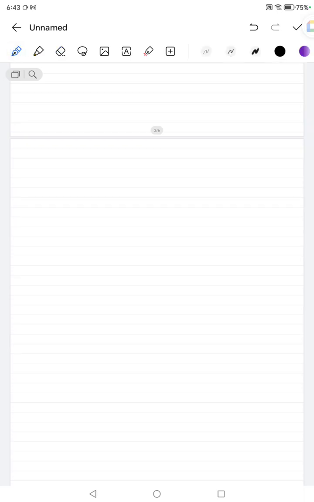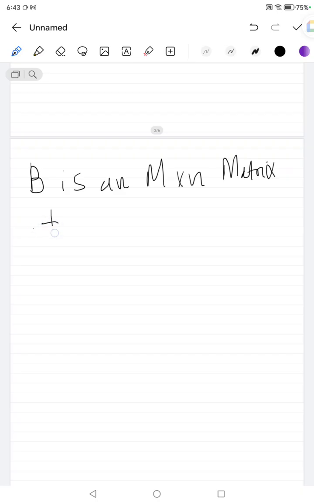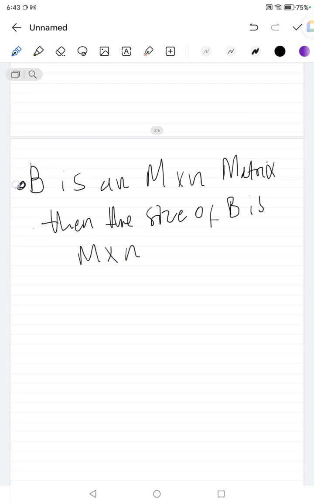We said if B is an M times N matrix, then the size of B is M times N. That's the first point.